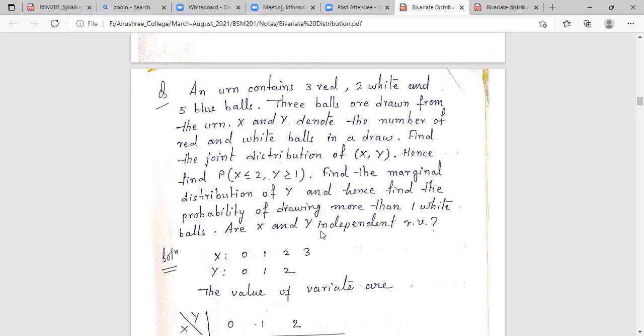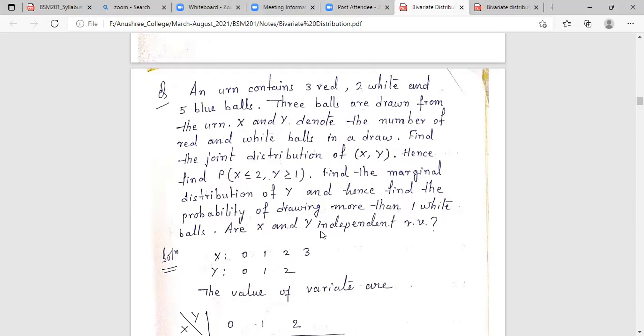So look at the problem carefully. What will the values of the random variables X and Y be? Actually, X denotes the number of red balls. So how many red balls are there over here? We can see that it contains 3 red balls, right?